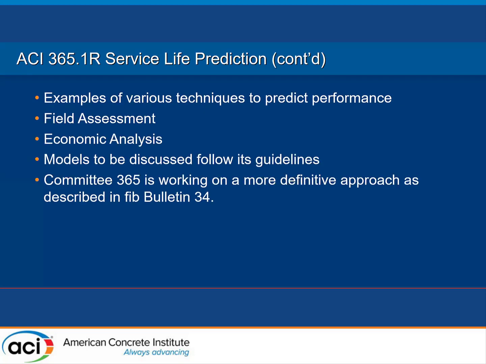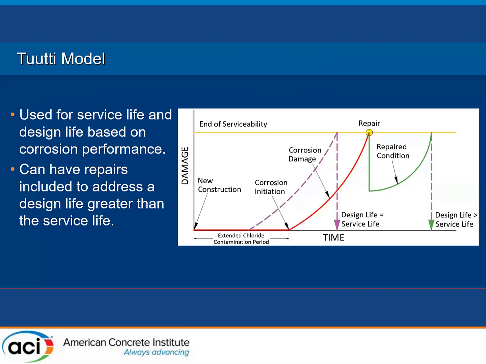It does give examples of various techniques to predict performance, field assessments, and how you make an economic analysis. All the models that we're discussing today do follow its guidelines, and it's working on a more definitive approach right now. If you're going to talk about service life and design, it's good to have a good idea of what we're looking at.